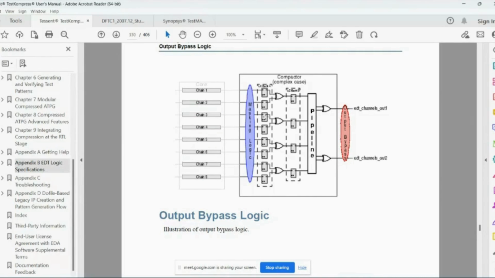So what is the behavior of NAND? What is the behavior of a NAND gate? When two inputs are high, then the output is low.